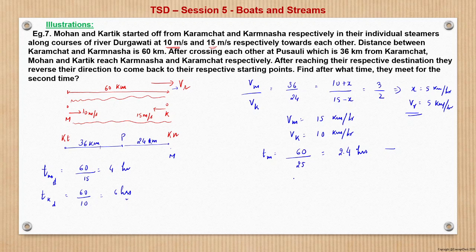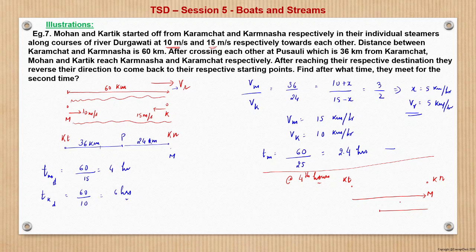So let me draw this again. At the end of fourth hour, let this be Karmnasha and let this be Karamchat. At the end of fourth hour, Mohan is here, right? He has reached from here to here, whereas Karthik is somewhere here, right?